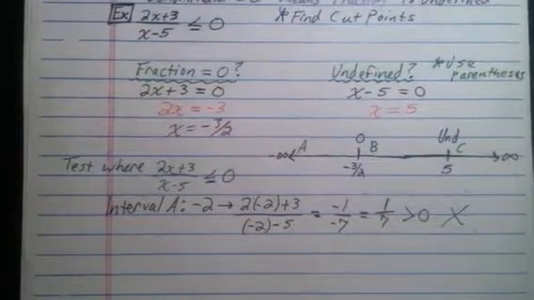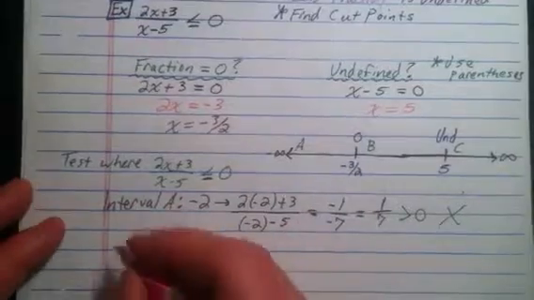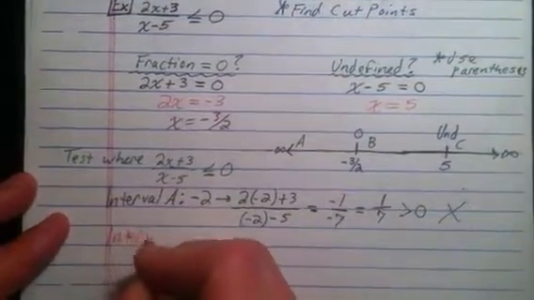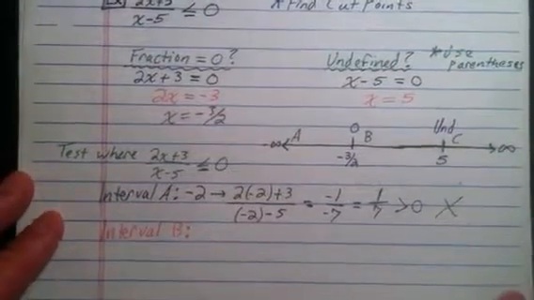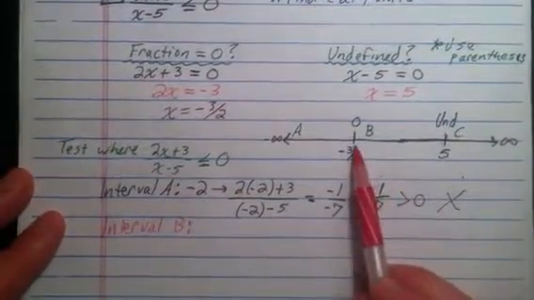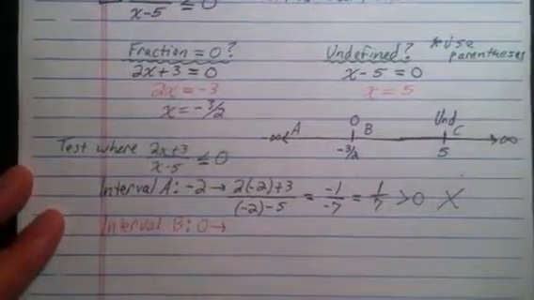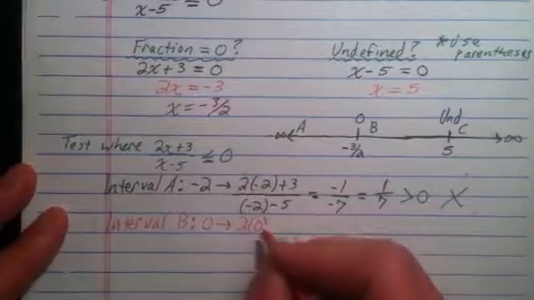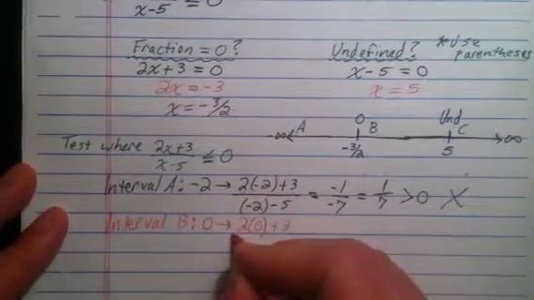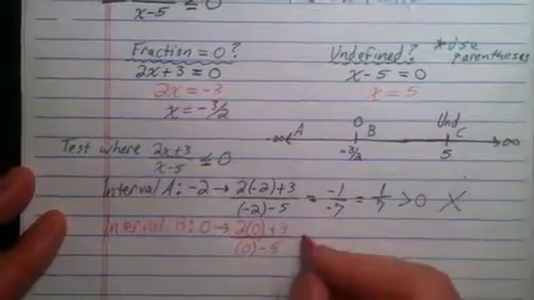Okay. Let's check region B, or interval B. Well, we need a number in between -3/2 and 5. 0 is going to be in between those. So plugging in 0 into the fraction for x, 2 times 0 plus 3 over 0 minus 5.